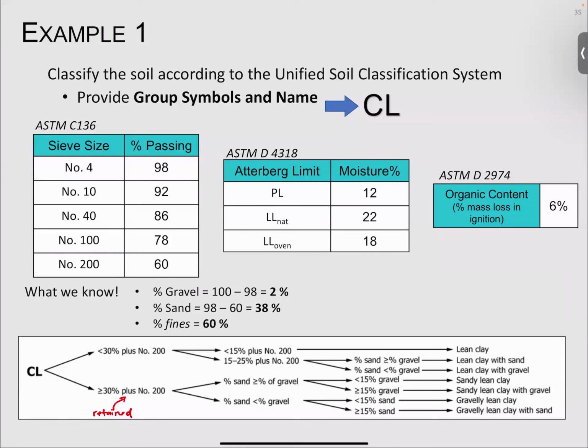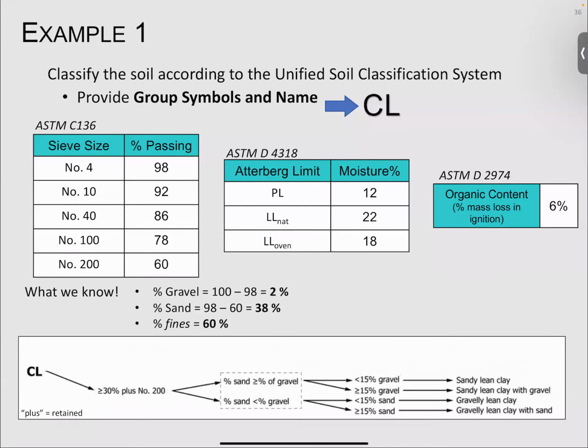We have 60% passing, which means 40% retained on the number 200 sieve. So we have greater than or equal to 30% retained on that number 200 sieve, which means we would only look at the bottom.